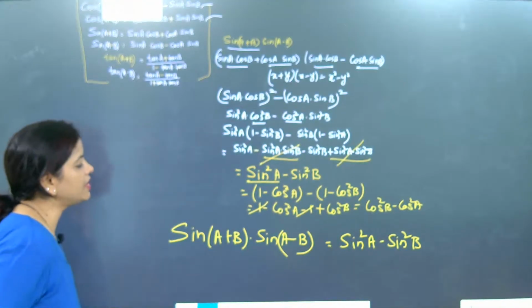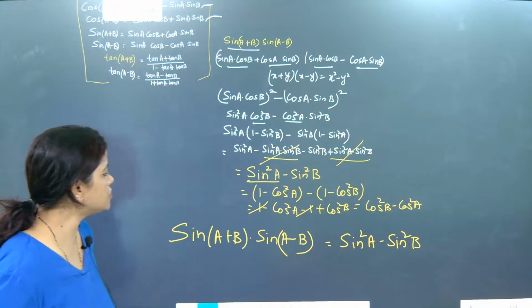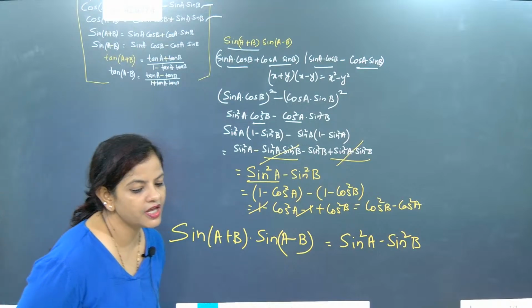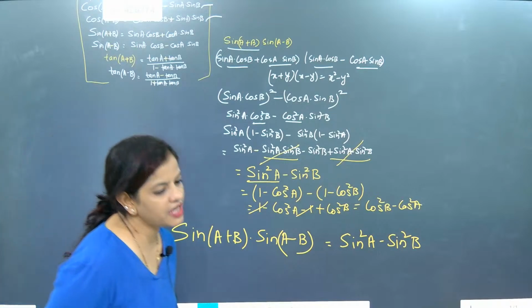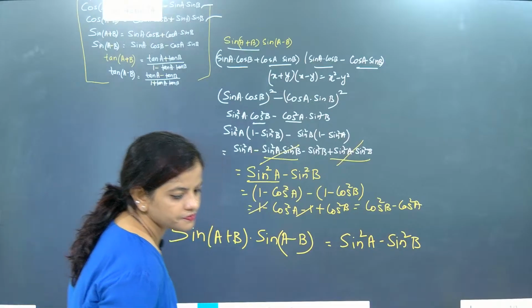Sine square A minus sine square B. That's the most important crucial part. So this is the shortest way of remembering the formula. Sine of A plus B into sine of A minus B will become sine square A minus sine square B. Come on, note down.